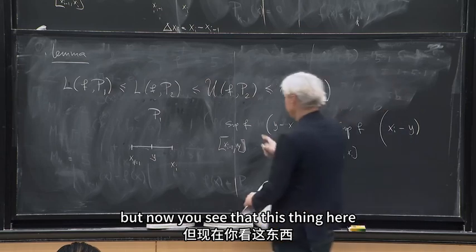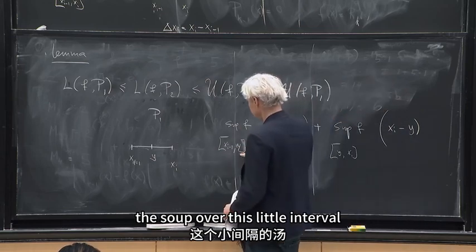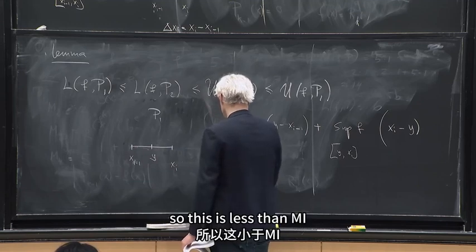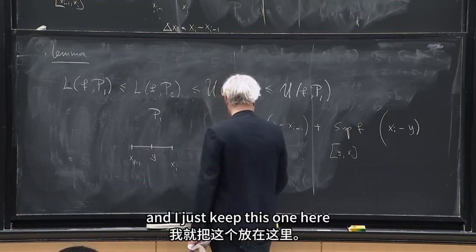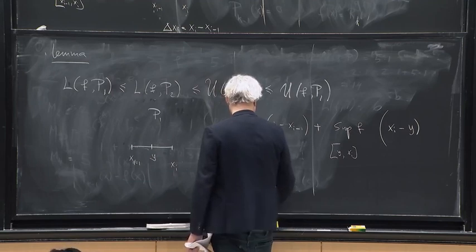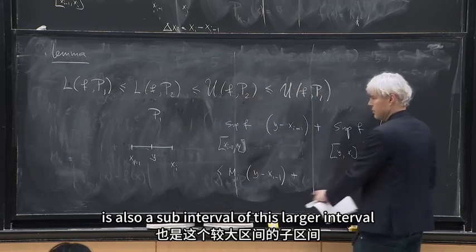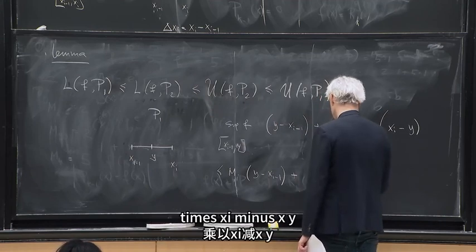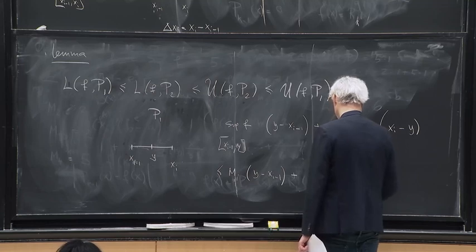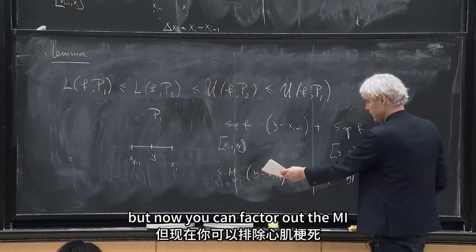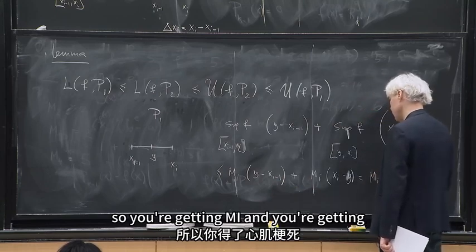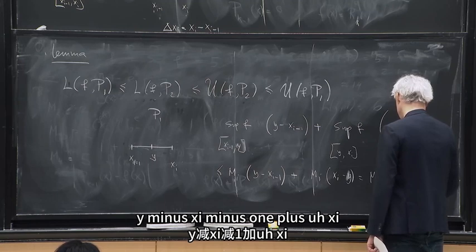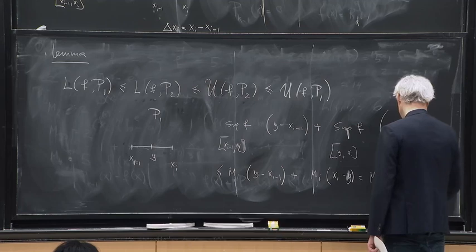But now you see that the sup over this little interval is of course less than the sup over the larger interval. So this is less than M_i, and I just keep this one here. And this one here is also a subinterval of this larger interval, so this is less than M_i again, times x_i minus y. But now you can factor out the M_i. So you're getting M_i times the sum of these two, y minus x_{i-1} plus x_i minus y.